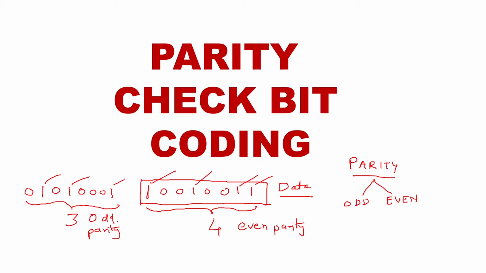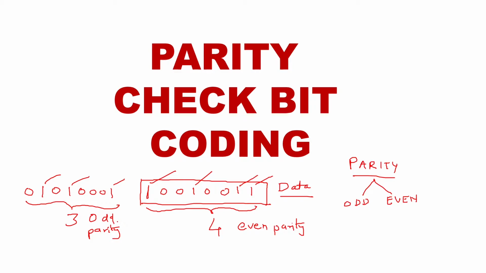Now, parity check bit coding is a method which comes under error detection methods. This is one of the simplest ways to find whether an error has occurred.